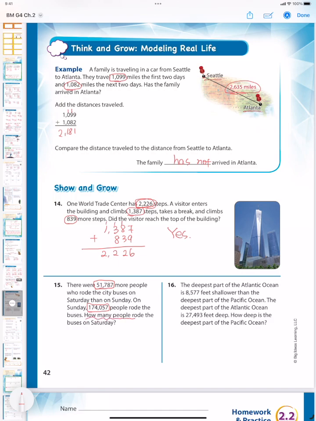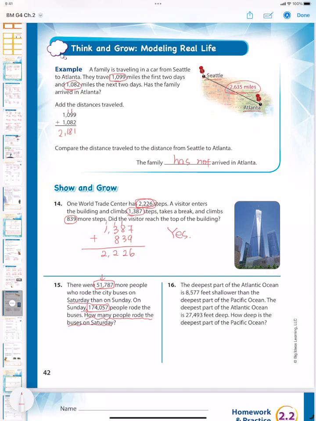How many people rode the buses on Saturday? You need to remember Saturday, this many people rode more than Sunday, and Sunday, this many people rode a bus. So you need to add these two numbers together to find out how many passengers rode on Saturday.